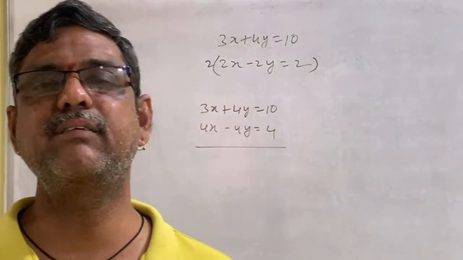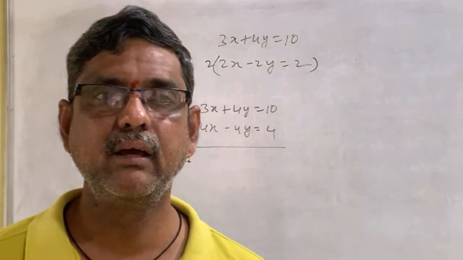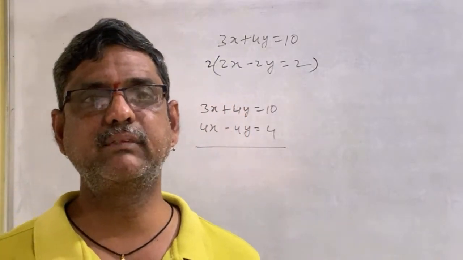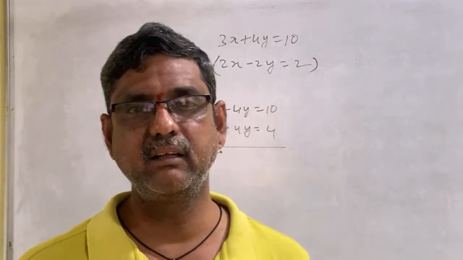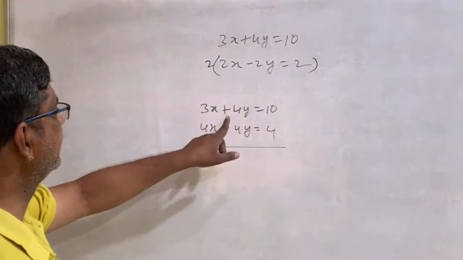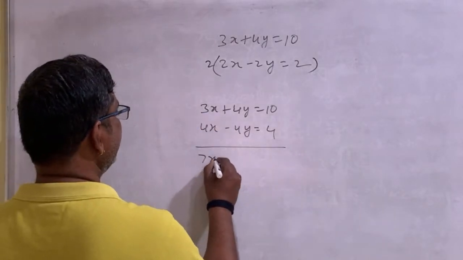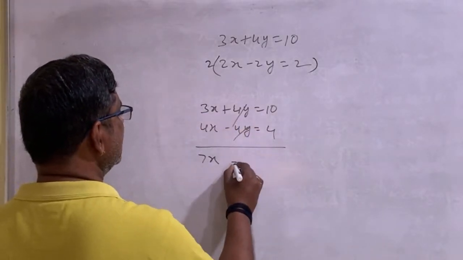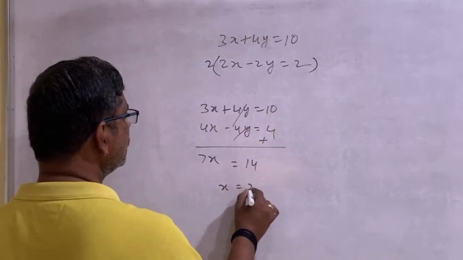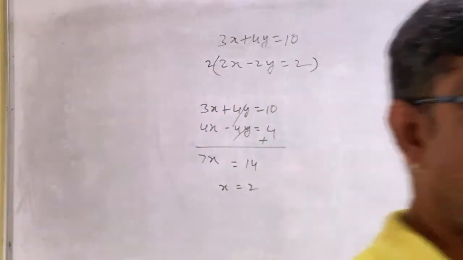If the signs are different, we need to add the equations. If the signs are same, we need to subtract. That is what we have to understand. Here signs are different, so add both equations. 3 plus 4, 7x. These two get cancelled. 10 plus 4, 14. x is equal to 2.